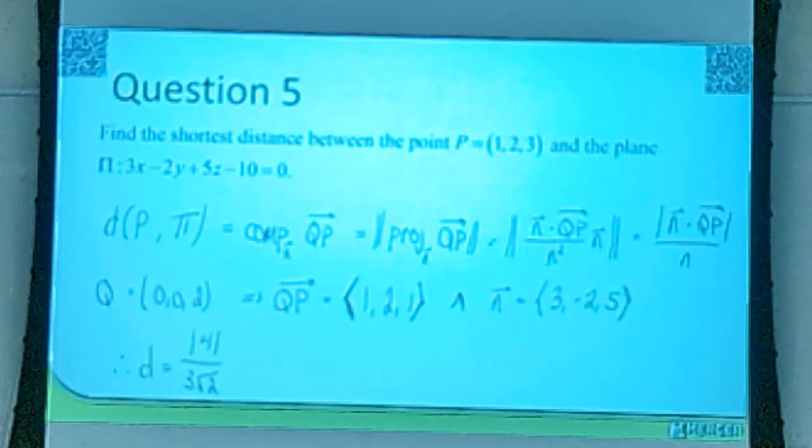Oh wait, is it 18? No, it's not. 9 and 4 is definitely 13, but 5 is 25, so 38. Square root of 38, that would be what, 2 and 19, nope, bummer. 4 over root 38 is your distance.